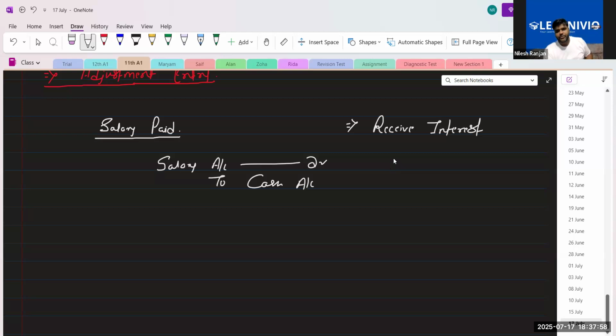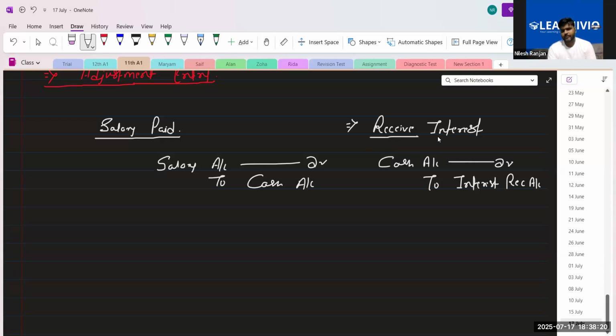So if we receive interest, it will be cash account debit to interest account, interest received. Okay. Is this okay? Yes, sir.